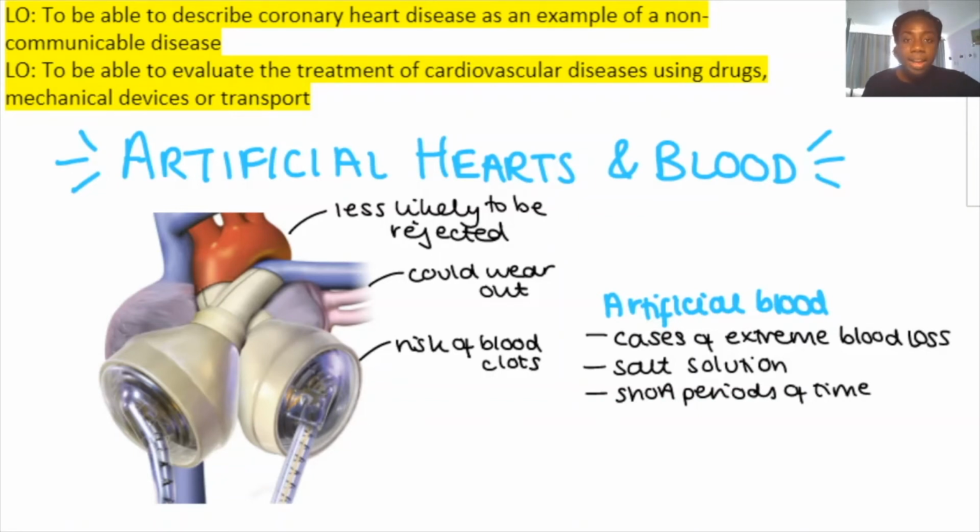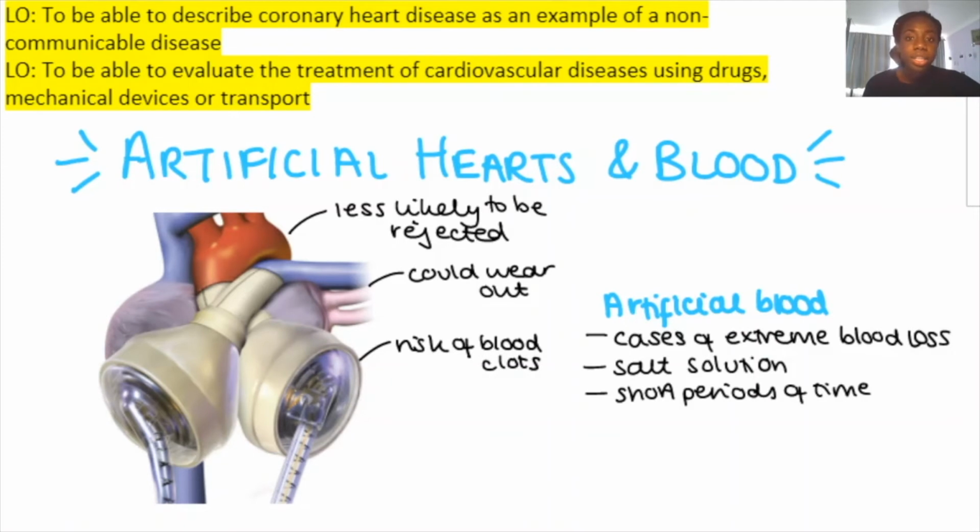However, as it is made out of metal and plastic, it could wear out and fail, and also there is an increased risk of blood clots, which means you have to take blood thinning medication if you do have an artificial heart.